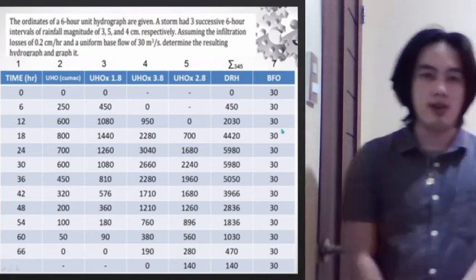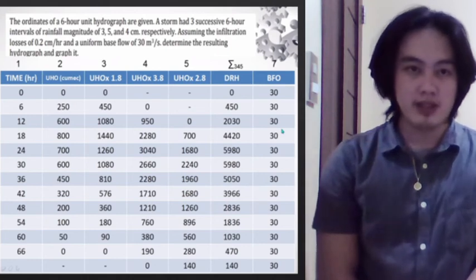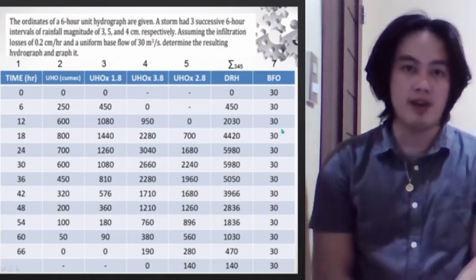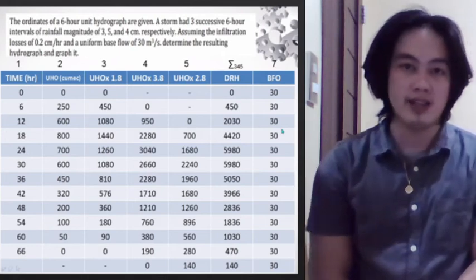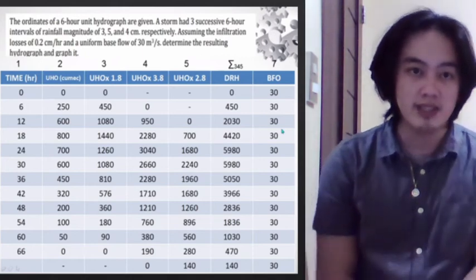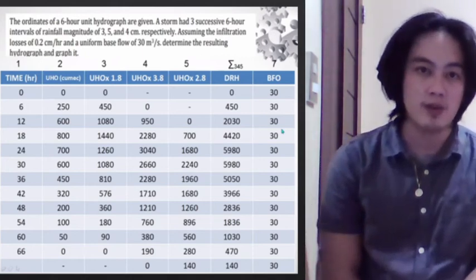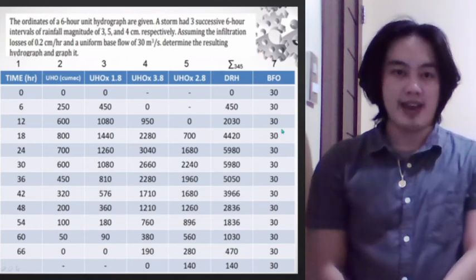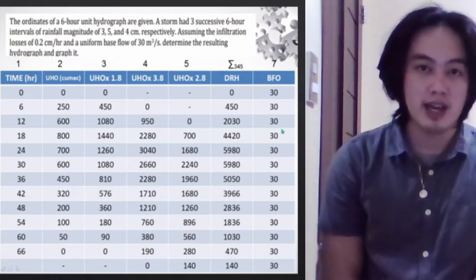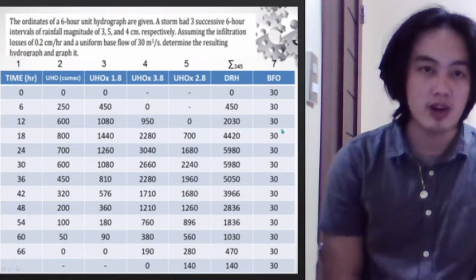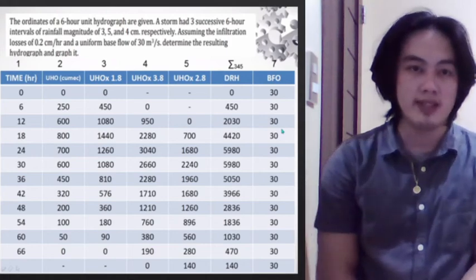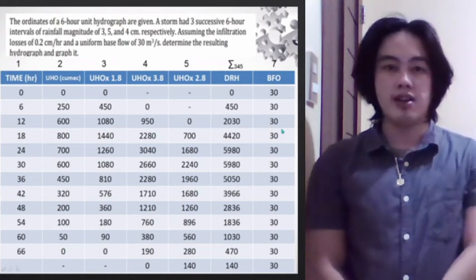In this example, the coordinates of a 6-hour unit hydrograph are given. A storm has successive 6-hour intervals of runoff with magnitudes of 3, 5, and 4 cm, assuming infiltration losses of 0.2 cm per hour and a uniform base flow of 30 cubic meters per second.